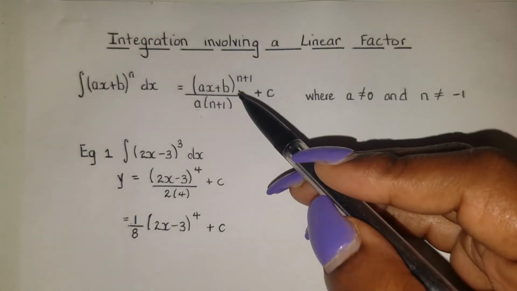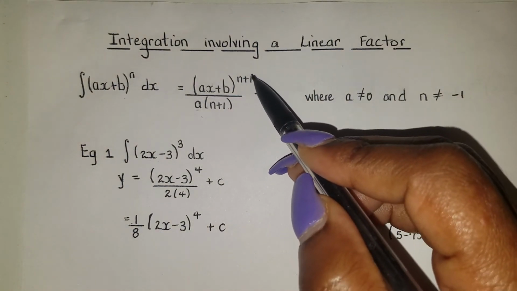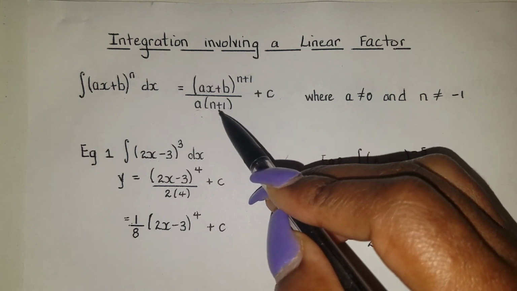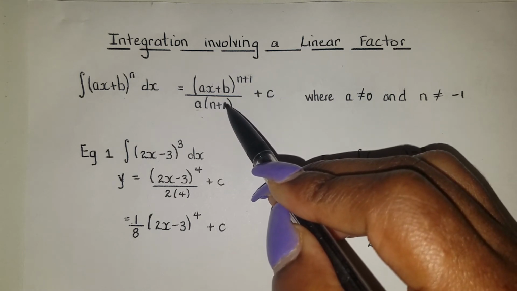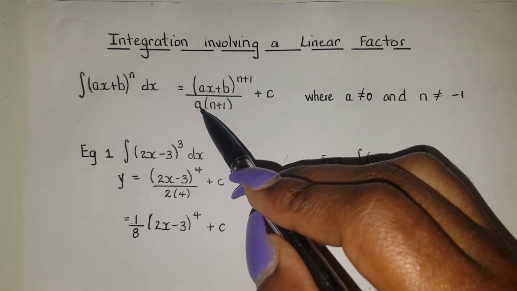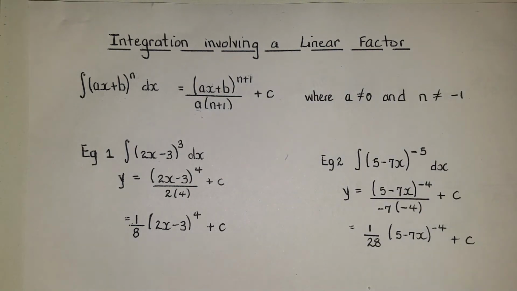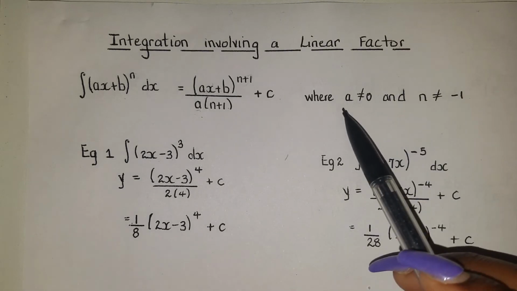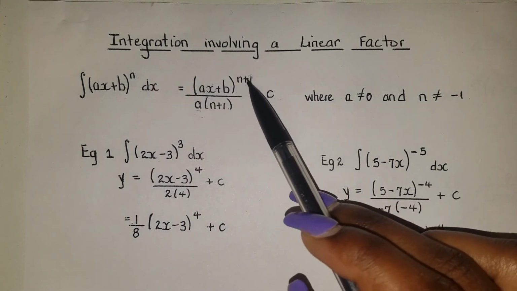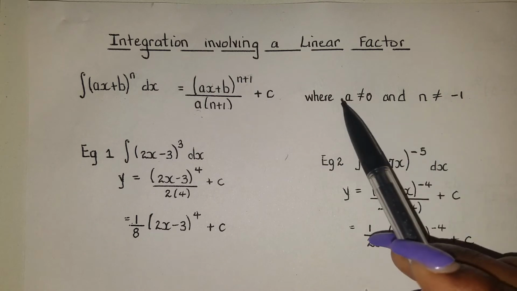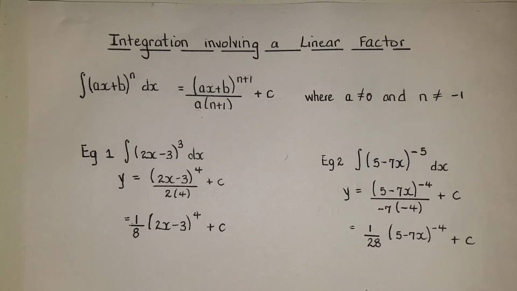Once more, we add 1 to the power and divide by that answer, but before we divide, we have to multiply it by a. And this method cannot be used for a power of -1 or where a is 0.